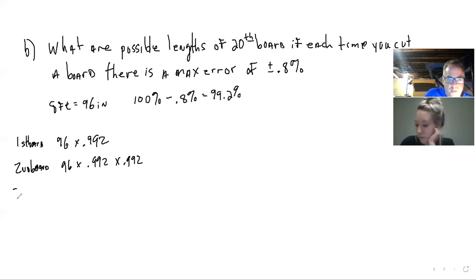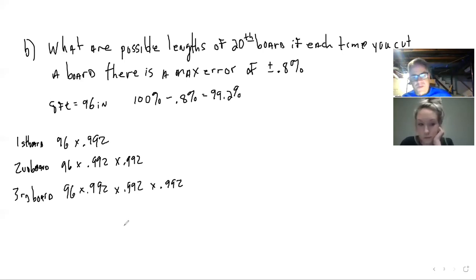And the third board, take the length of your second board, which is 96 times 0.992 times 0.992. So that's the length of the second board. So it's now going to be off. So this would keep up until I did this 20 times.